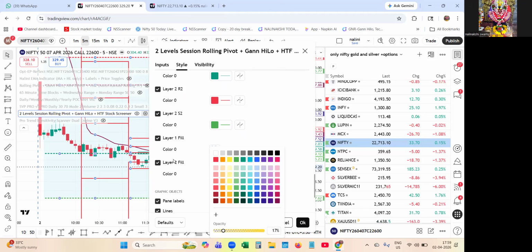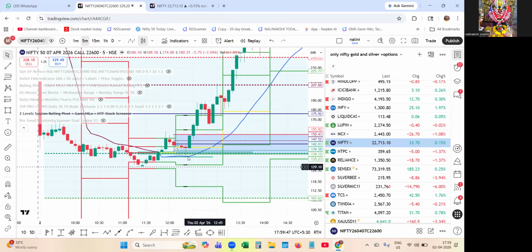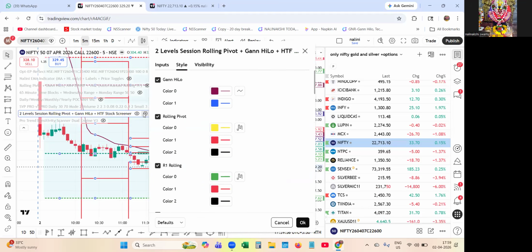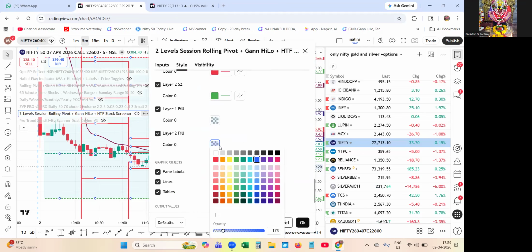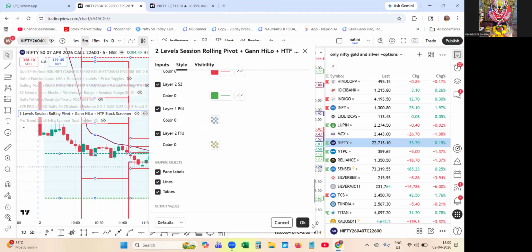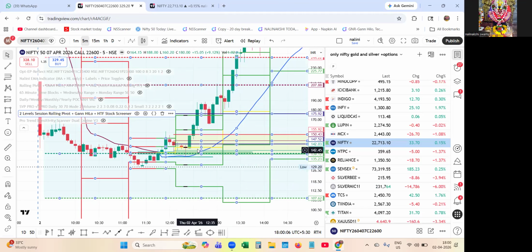Or you can choose a little bit darker color and you can do this. It will be highlighted. But I wanted a different color so that the session highlight will be clear. That's why I made it yellow. So you can make it yellow and you can see the pivot here.